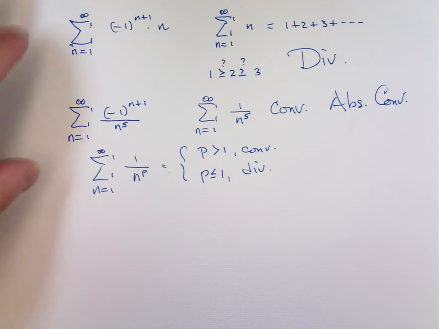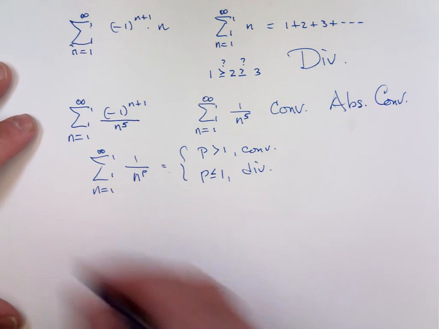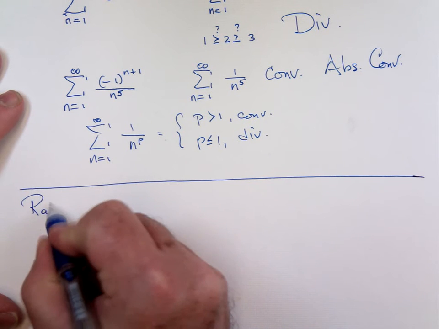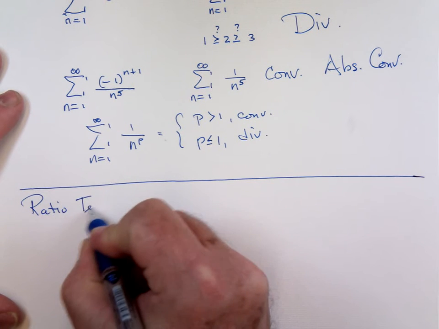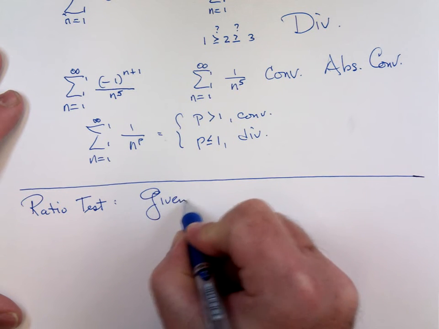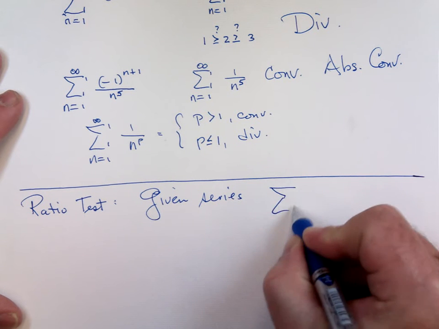You ready? We have a couple more tests. We have the ratio test. Given a series, they can alternate or not. It doesn't even matter.